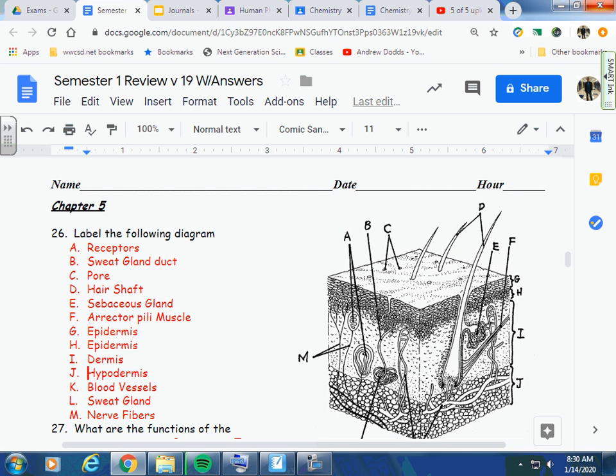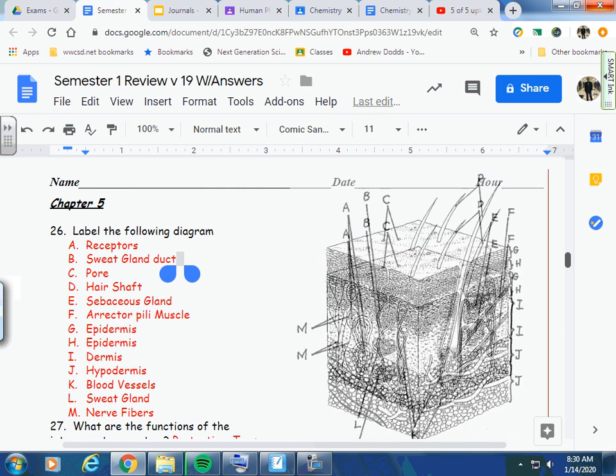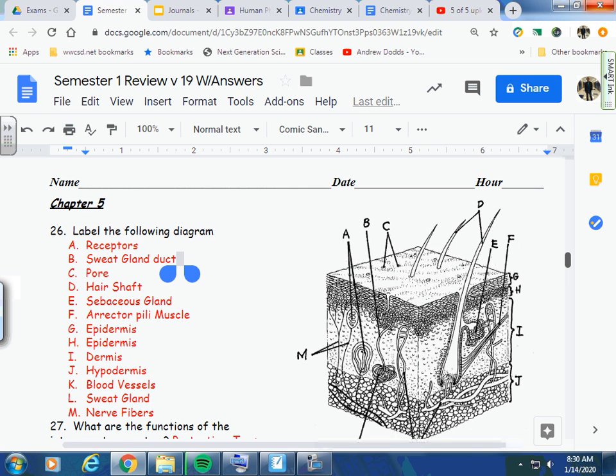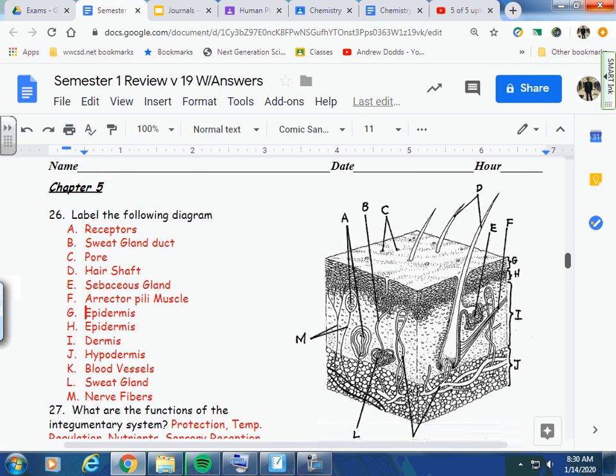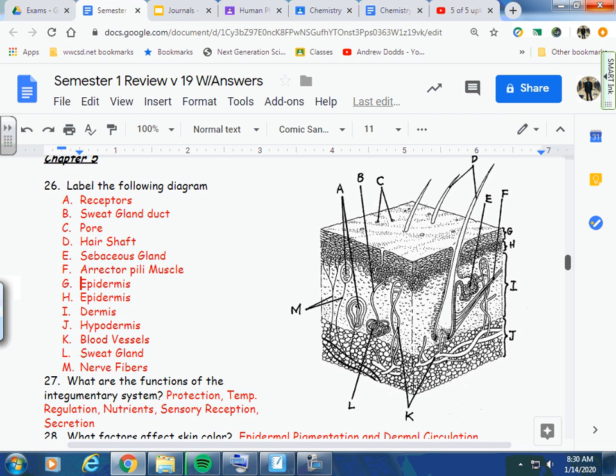So the coiled tubes are... So what letter K is pointing at down here? Oops, not K, sorry. L is pointing at the sweat gland.